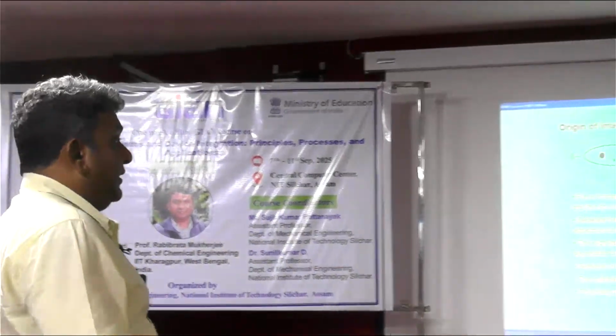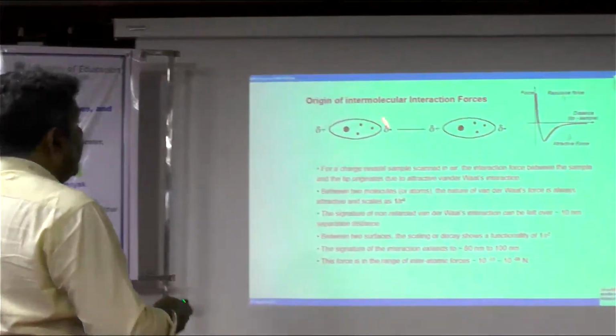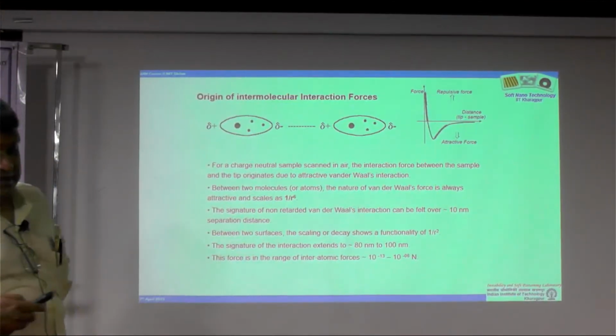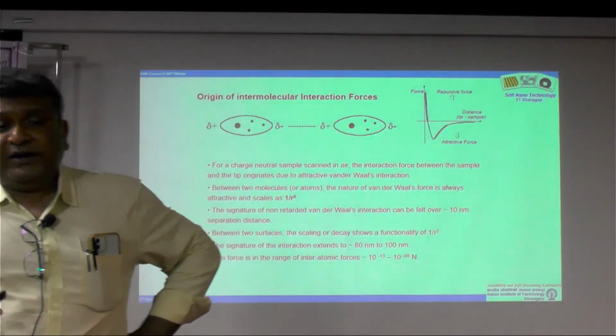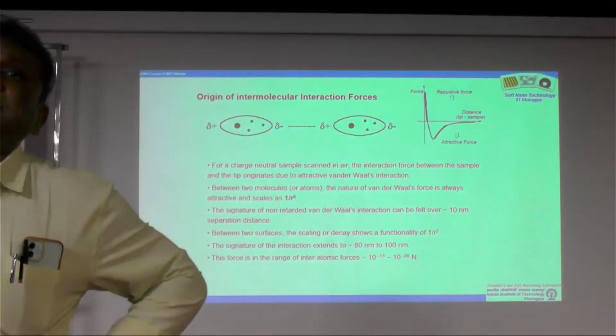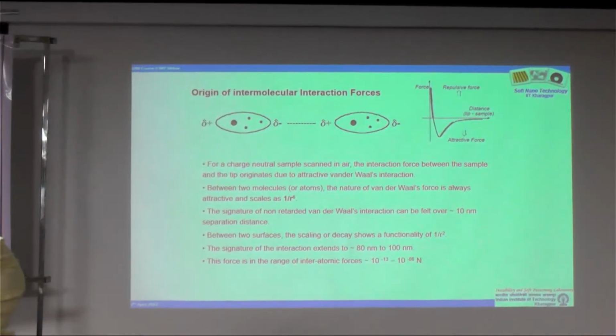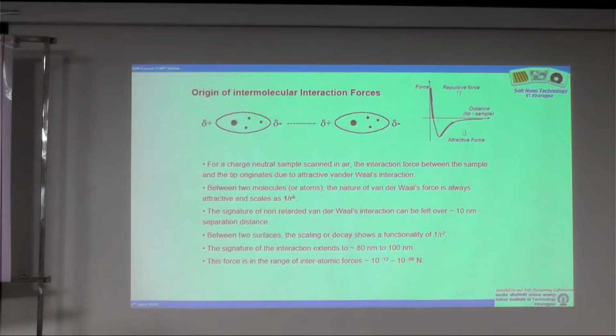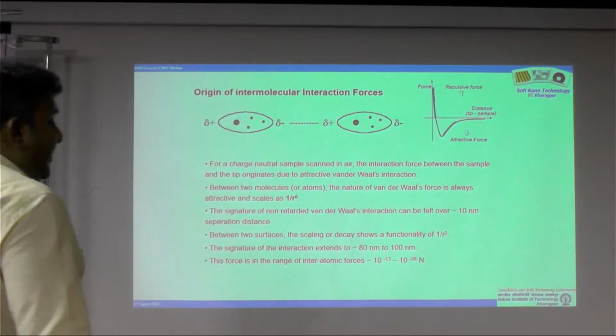But even for apolar material, because of this localization of the temporary dipole, it induces a dipole of opposite charge. So this delta minus induces a dipole of delta plus on the neighboring atom. And as a consequence, at any instance of time, there is actually a net attraction between adjacent molecules or atoms, which is the intermolecular interaction.